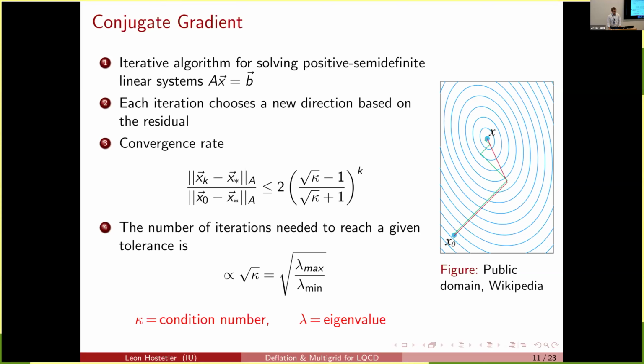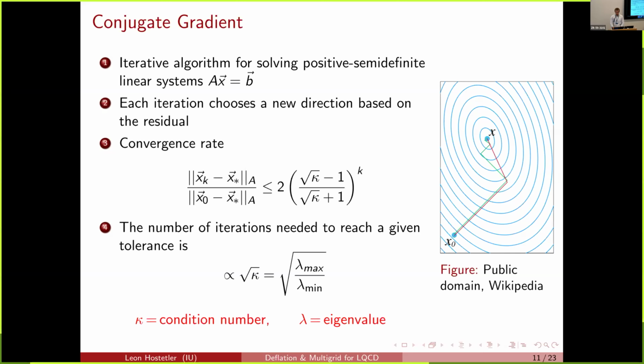So the conjugate gradient algorithm is an iterative algorithm where each iteration will choose a new direction based on the residual at that step. So we know the convergence rate as it relates to the iterations. It's given by this expression, which there's no need to memorize.